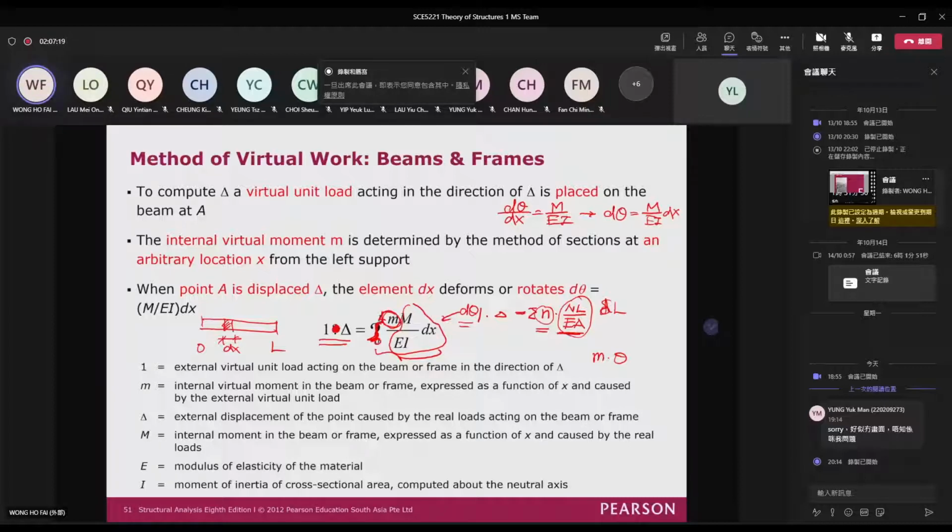The overall equation is 1 times delta, the external deformation of the beam, which is equal to the integration of m times M over EI dx. So it will integrate along the whole beam.